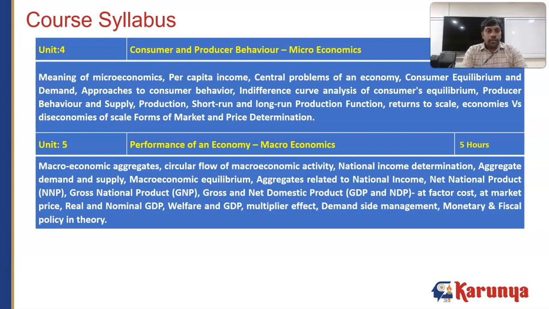So these are the units that you are going to study, and you will be able to take the right decision at the right time by analyzing the economic variables.